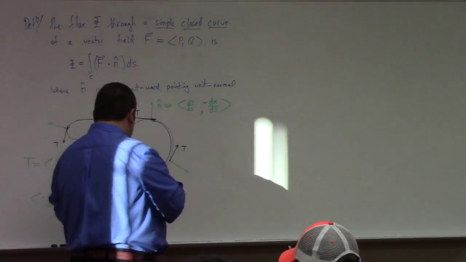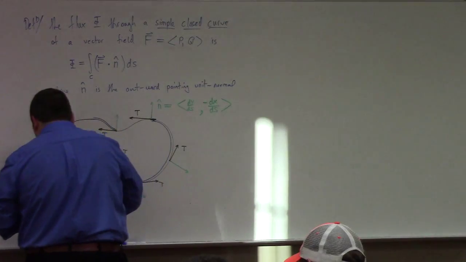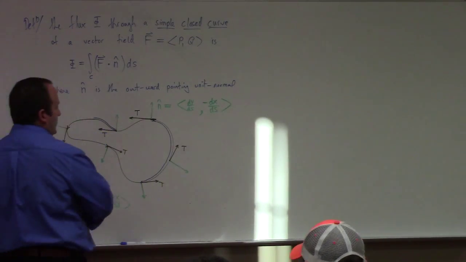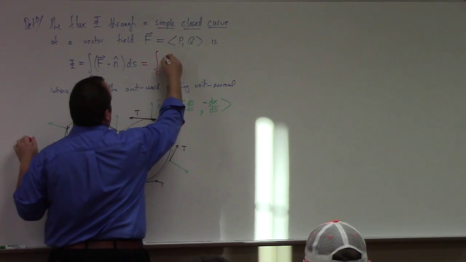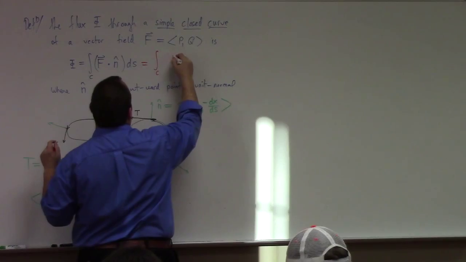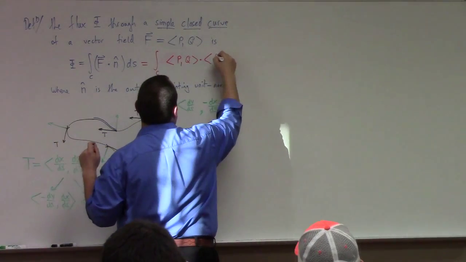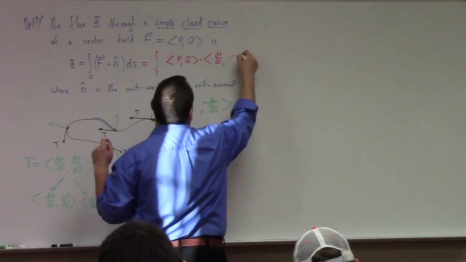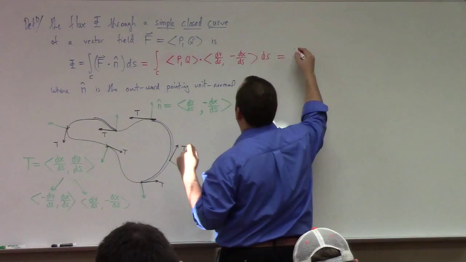And so with that in mind, we found a better way to calculate the flux of a curve with respect to a vector field. If we just put this in here, we get what? Integral over the curve of F dot, let's write it out this way, (P, Q) dot (dy/ds, minus dx/ds) ds, and what does that give us?